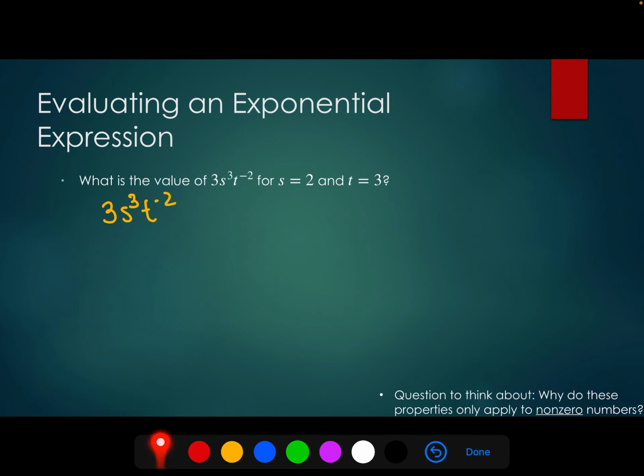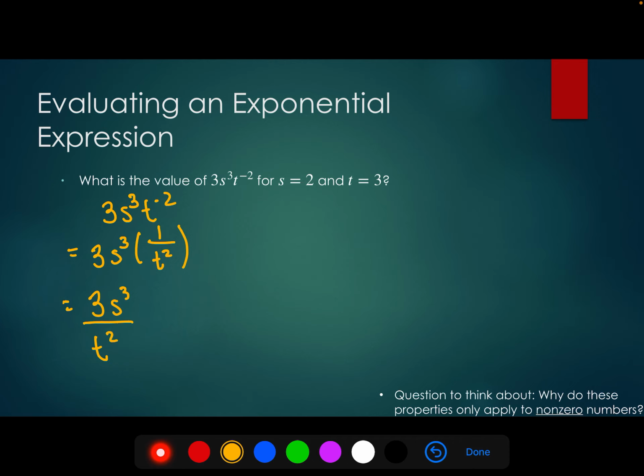So first we want to simplify, look for any exponents of 0 or negative exponents, and we see that we have one with the t. That's t to the negative second. So we can rewrite this as 3s cubed times 1 over t squared. And now we just multiply, and that gives us 3s cubed over t squared.